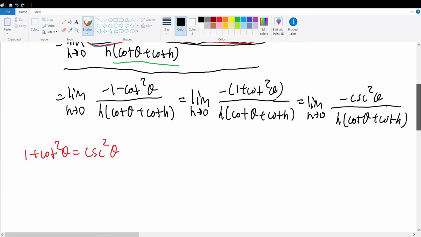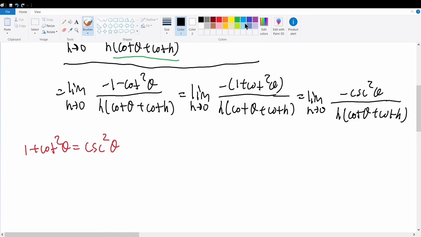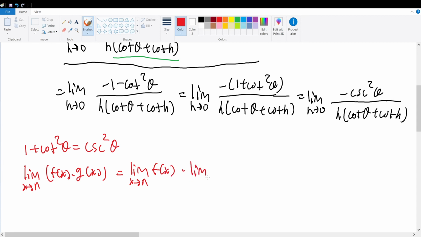And now what we can do is apply a limit property of the product of two functions. So the limit when our input of x approaches any number n of the product of two functions represented by f of x and g of x will be equal to the limit when x approaches n of our first function, f of x, times the limit when x goes to n of our second function, g of x.